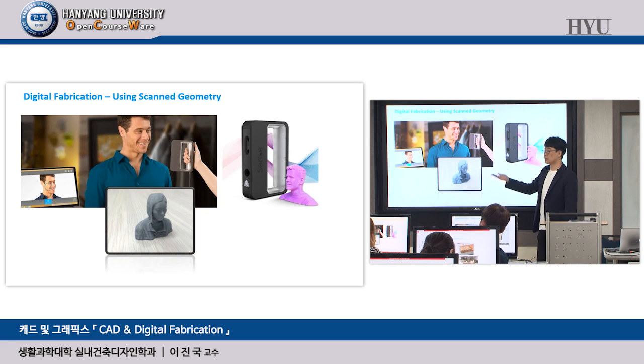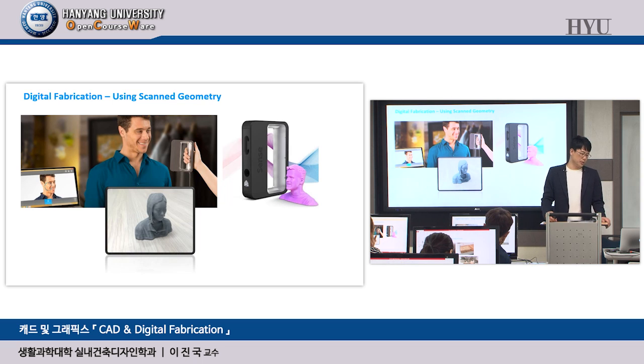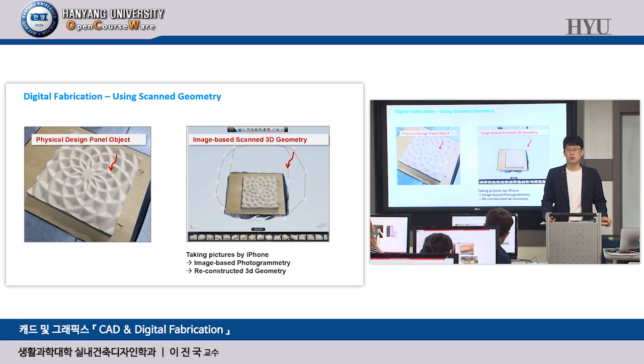And then we can print them out using 3D printers. So scan the geometry. Also, I introduced you before to 123D Catch, a smartphone application. I don't know if you have this app on your smartphone device. Anyway, that is a free Autodesk application, 123D Catch.